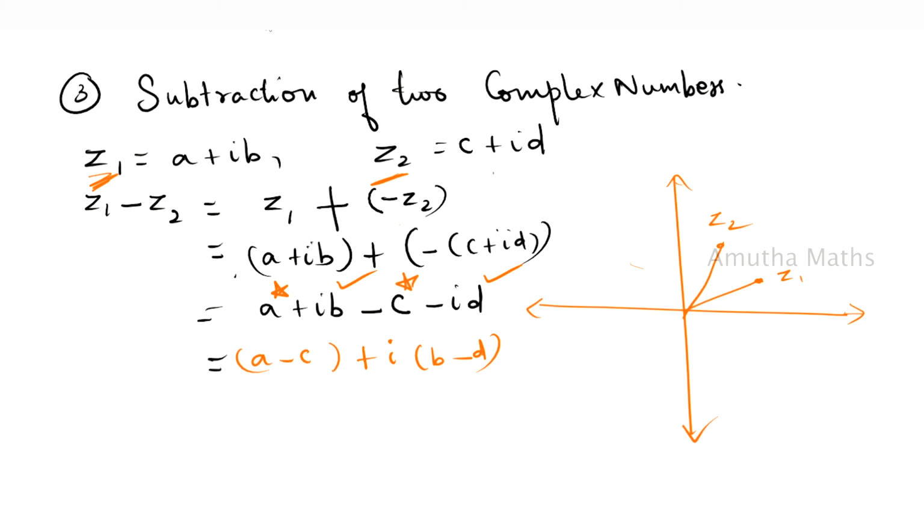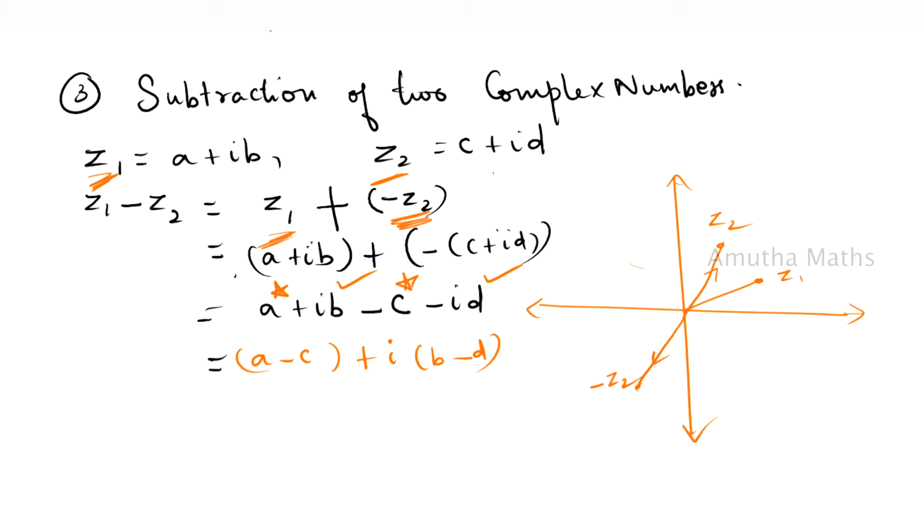We know how to add two complex numbers. ரெண்டு complex number எப்படி add பண்ணணும் தெரியும். So Z1 minus Z2. So what is minus Z2? Minus Z2 na, the Z2 ஓட opposite direction is minus Z2. நமக்கு Z1 ஐயும் minus Z2 வையும் add பண்ணணும்.